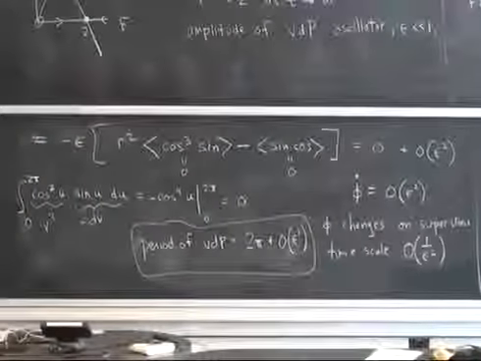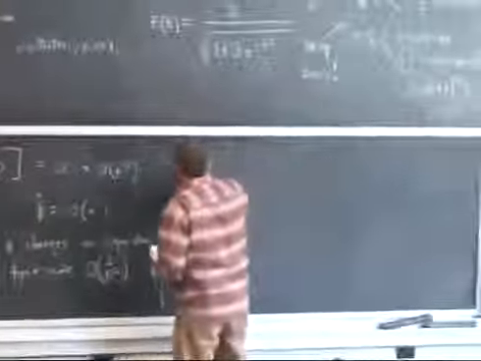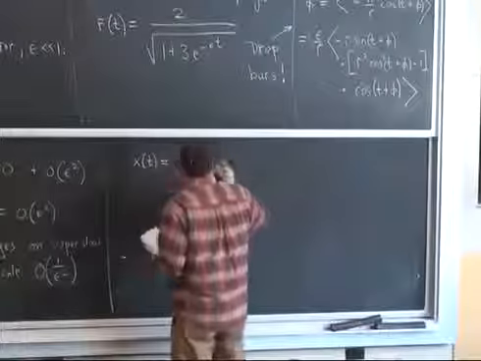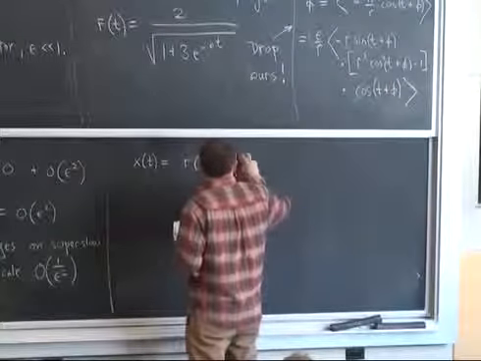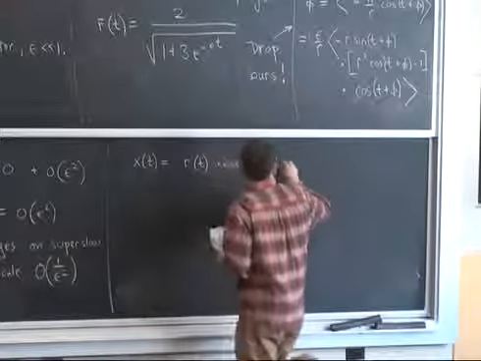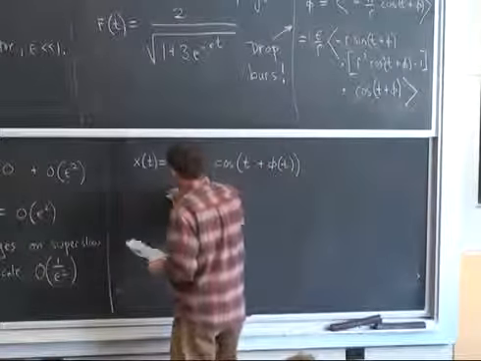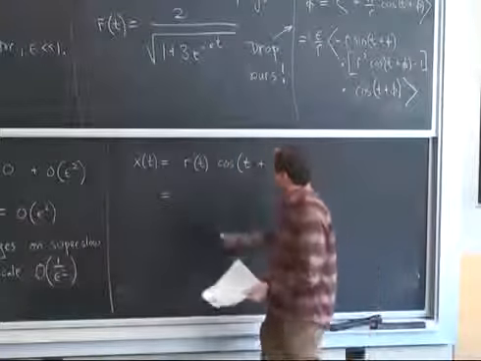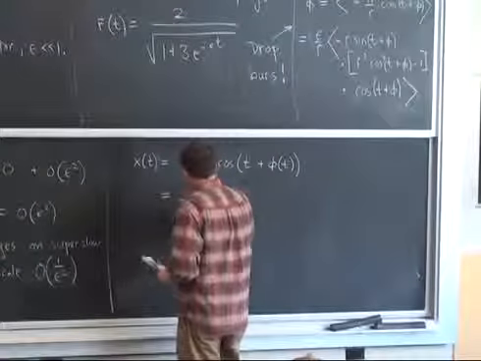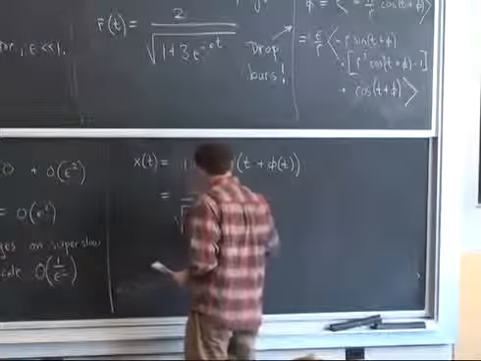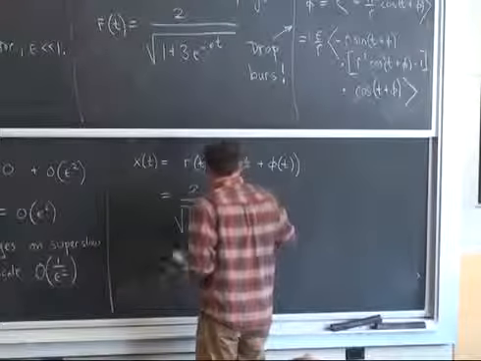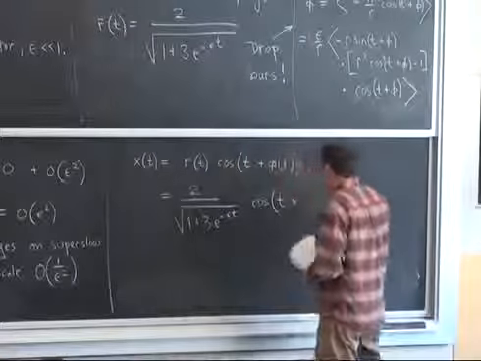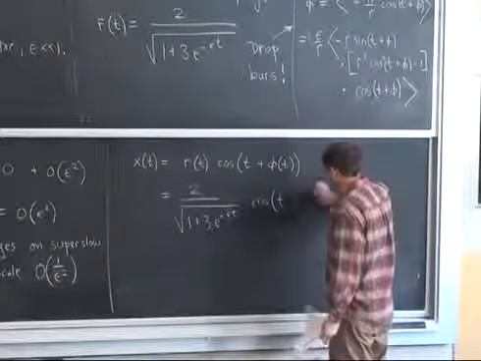to the order of perturbation theory that we're working, we know that the r and the phi were defined so that x of t is r of t cosine t plus phi of t. And so with our exact calculation for r bar, I'm replacing r by r bar, we're getting 2 over big square root 1 plus 3 e to the minus epsilon t, cosine of t plus, we could pick initial conditions so that the phi is just 0.